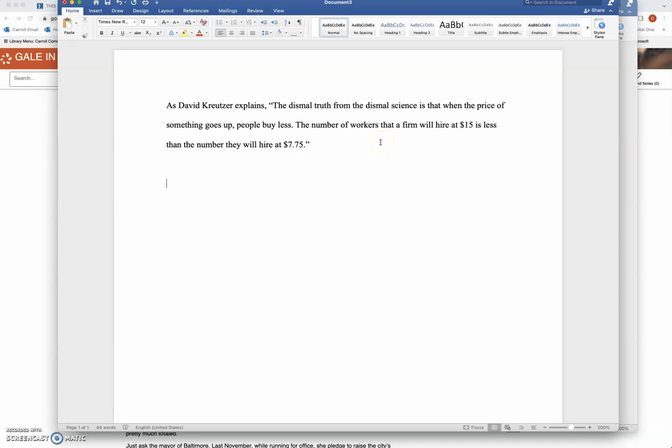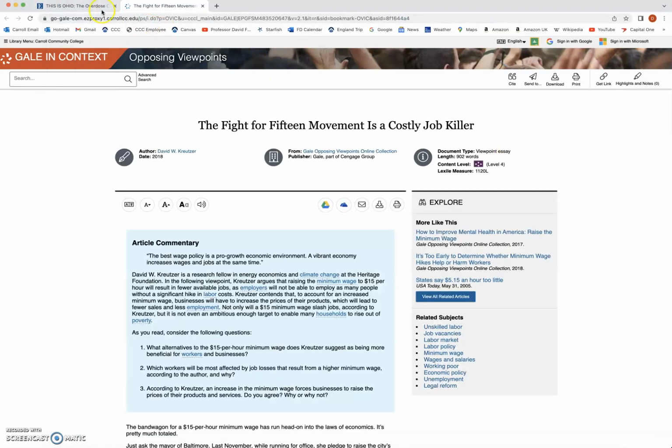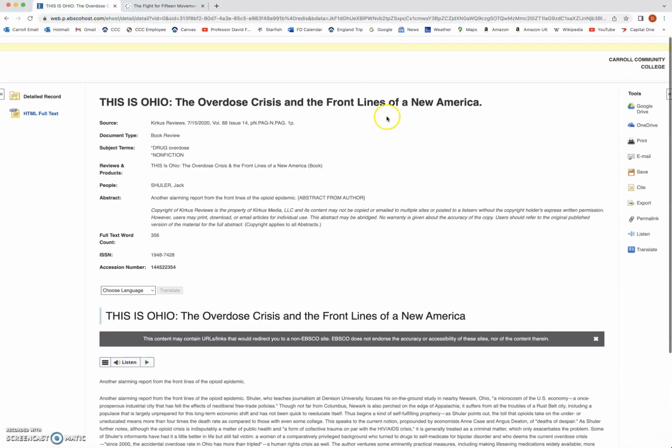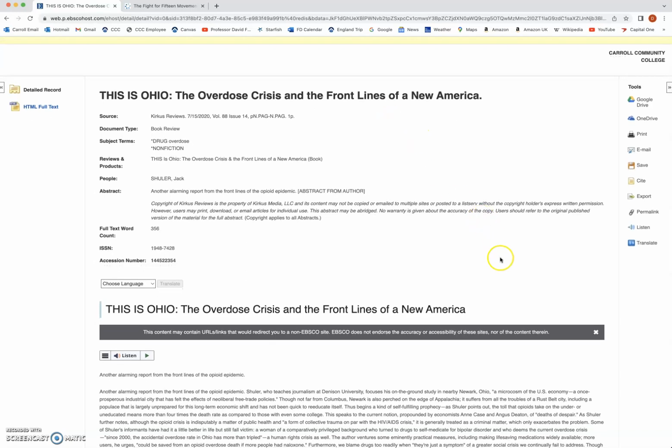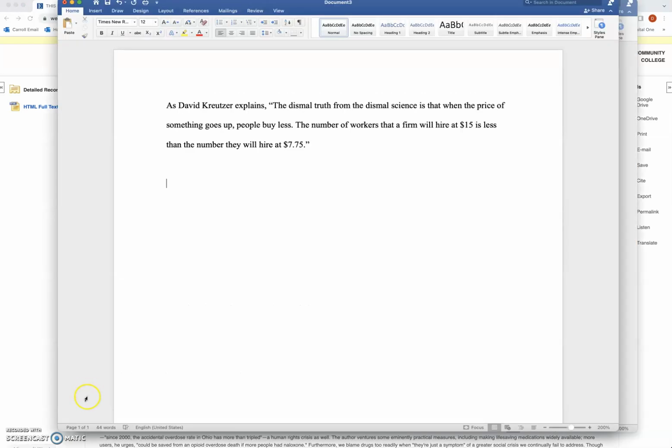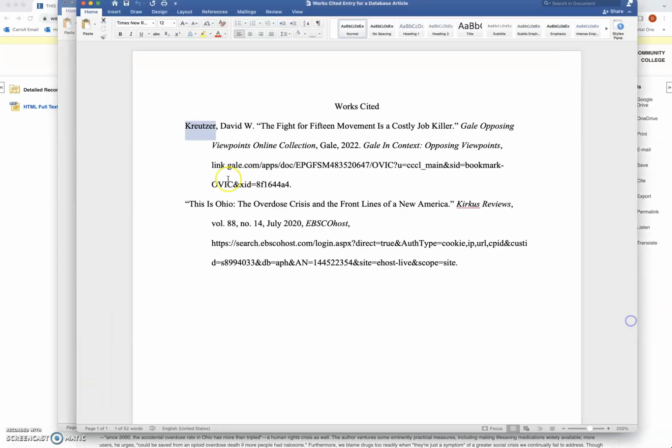An authored article where you can just put the author's name right in the signal phrase and then give the quote or the fact if you're paraphrasing it. All right, but what if we have something different? And I have another article here that doesn't have an author, right? If you look at the works cited entry for that, it just begins with this title.